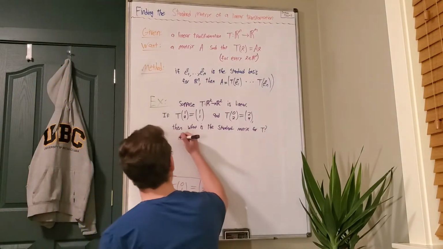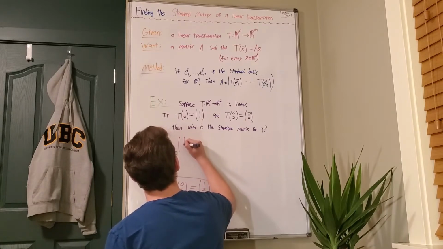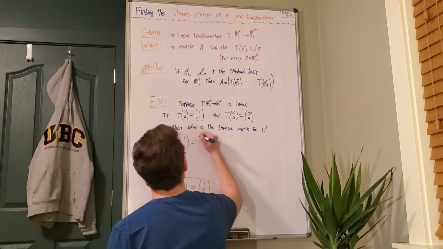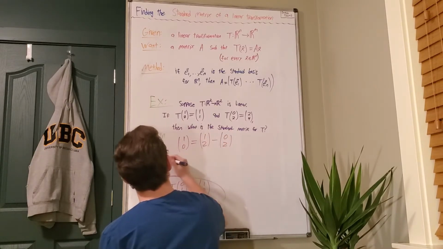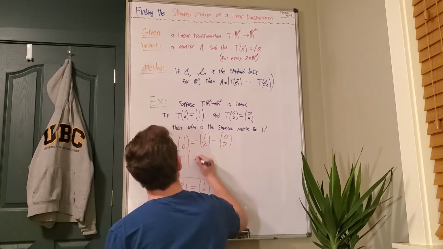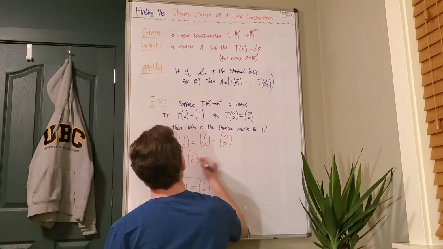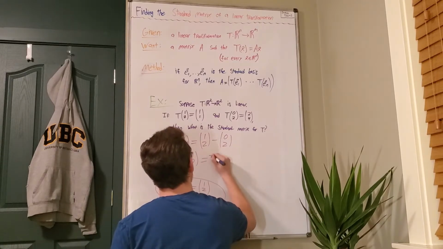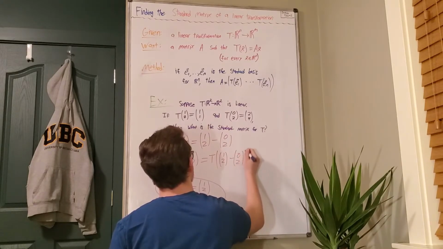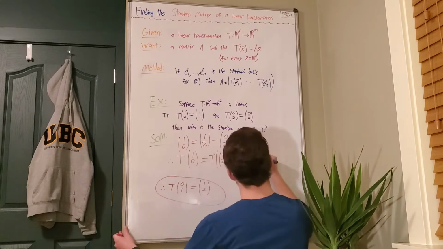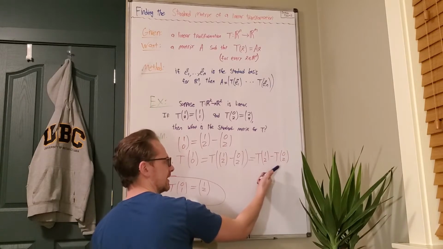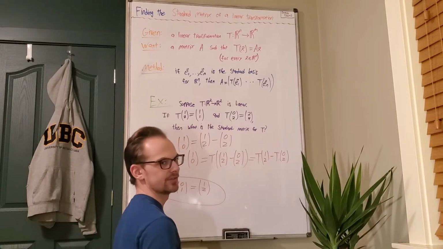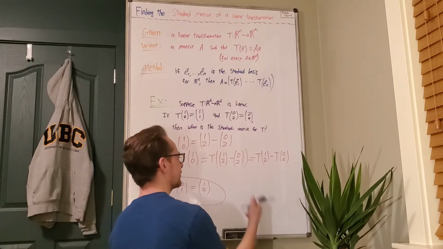So what I'm suggesting is that since (1, 0) is equal to (1, 2) minus (0, 2), we know that T of (1, 0) is going to be equal to T of (1, 2) minus (0, 2), which is then equal to T of (1, 2) minus T of (0, 2), because linear transformations distribute over vector addition and subtraction, of course, too.